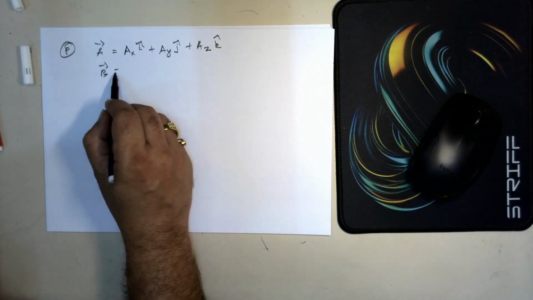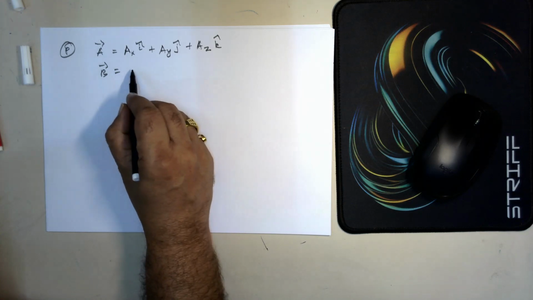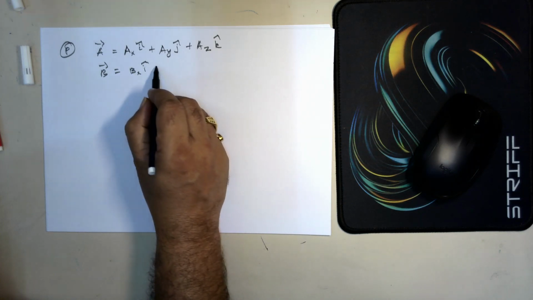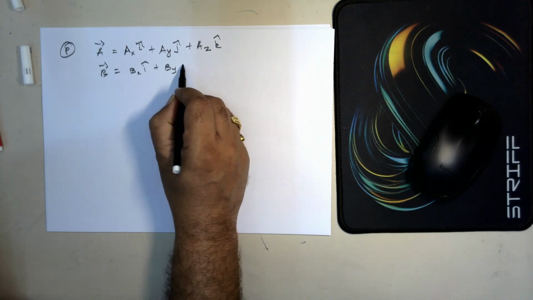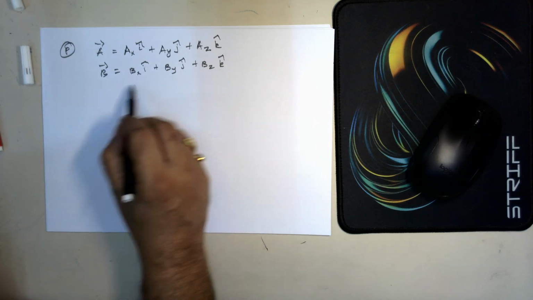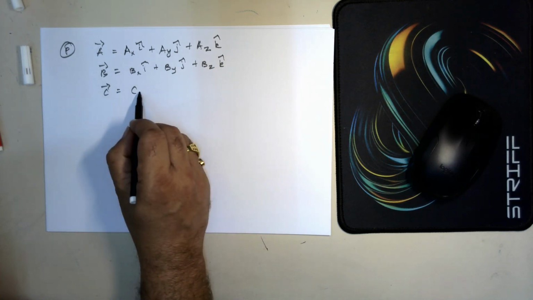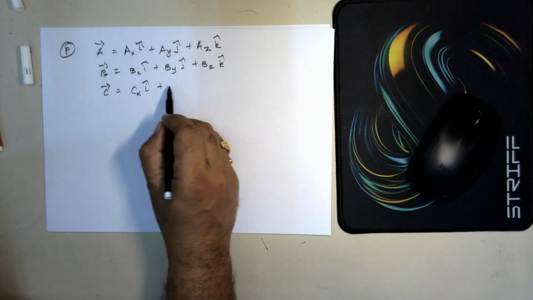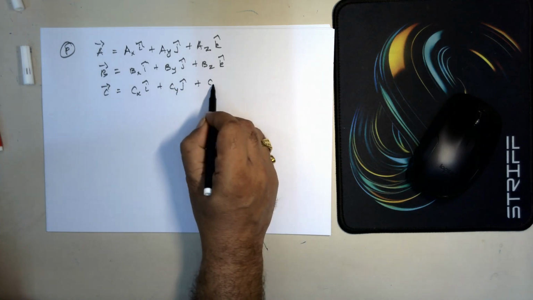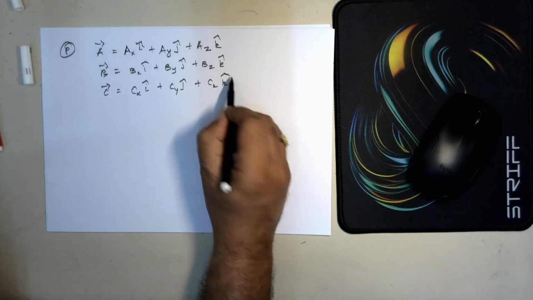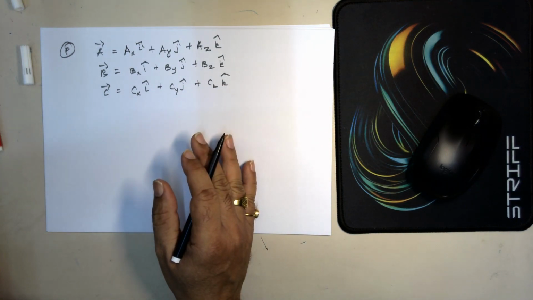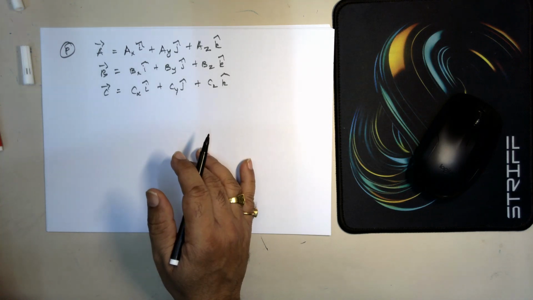B vector: BX I cap, BY J cap, BZ K cap. C vector: CX I cap, CY J cap, CZ K cap. So these are the three vectors given.